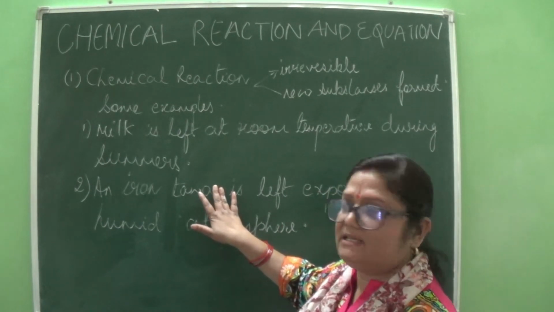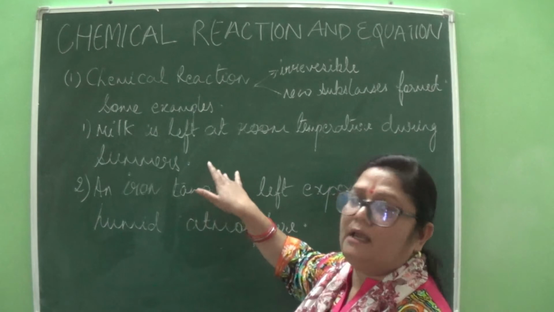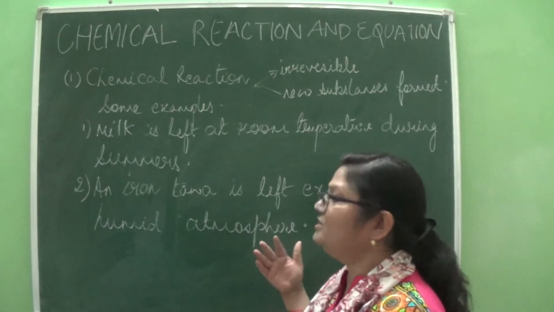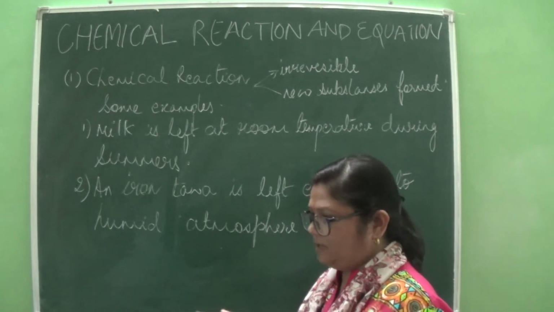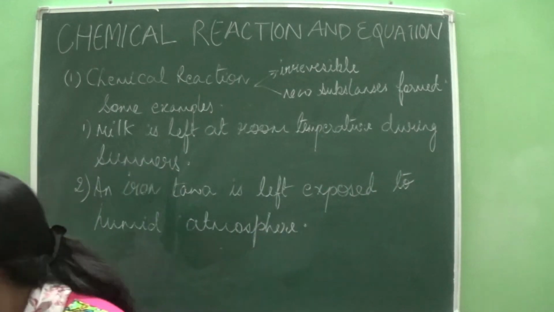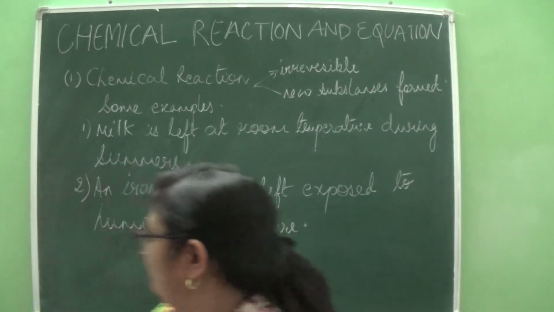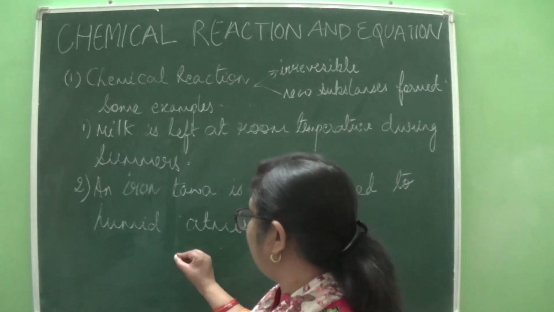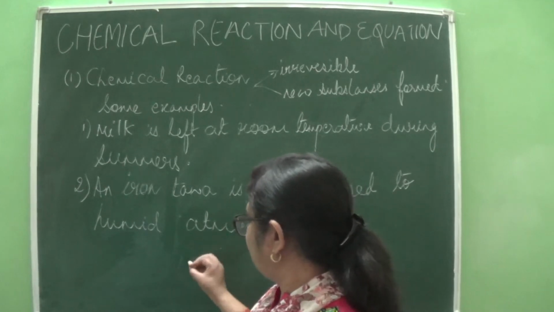Now let us see some examples which we can see in our labs or which we study in chemistry. For example, if we are taking a magnesium ribbon, we can write the symbol of magnesium.